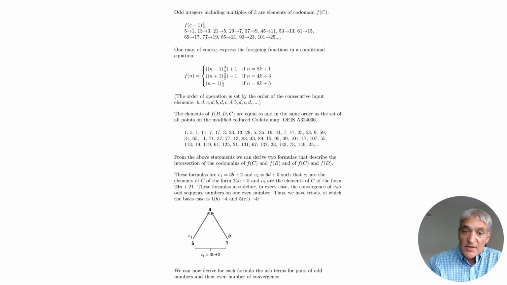From the above statements, we can derive two formulas that describe the intersection of the codomains of the functions for C and B and C and D. These formulas are C subscript 1 equals 3B plus 2, and C subscript 2 equals 6D plus 3, such that C1 are the elements of C of the form 24n plus 5, and C2 are the elements of C of the form 24n plus 21.